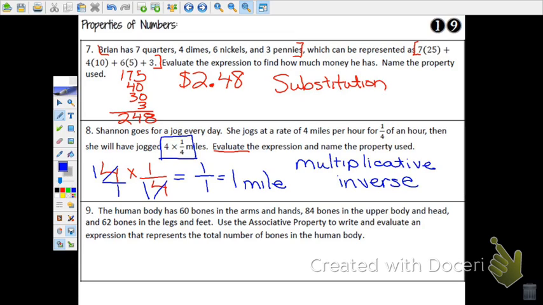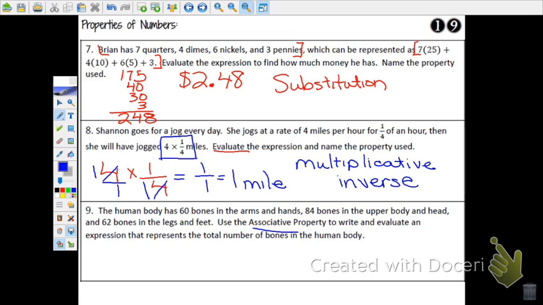Number 9 says the human body has 60 bones in the arms and hands, 84 bones in the upper body and head, and 62 bones in the legs and feet. Use the associative property to write and evaluate an expression that represents the total number of bones in the human body.